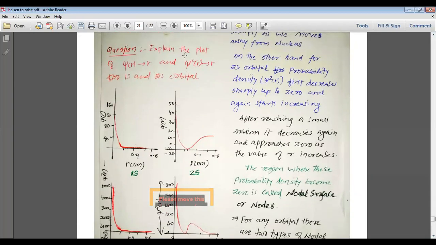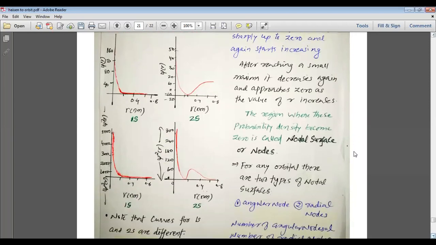So we have a question: explain the plot of psi r versus r and psi square r versus r for the 1s orbital and 2s orbital. Here on your screen, my dear students, we have both graphs. You can easily understand them.